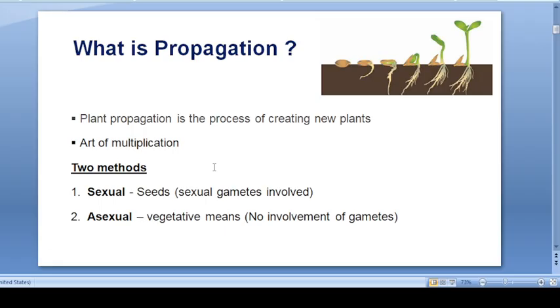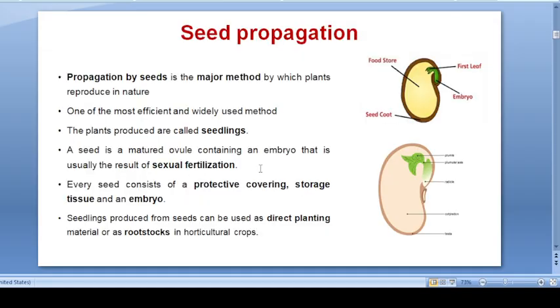That clarity you are having already. I think you might have learned these things in depth in the seed science course also. But as a part of fundamentals of horticulture, and throughout horticulture, you will be learning different propagation aspects. So you should know what is propagation and also different types of propagation methods. In that, firstly, we will study the seed propagation, or sexual method of propagation.